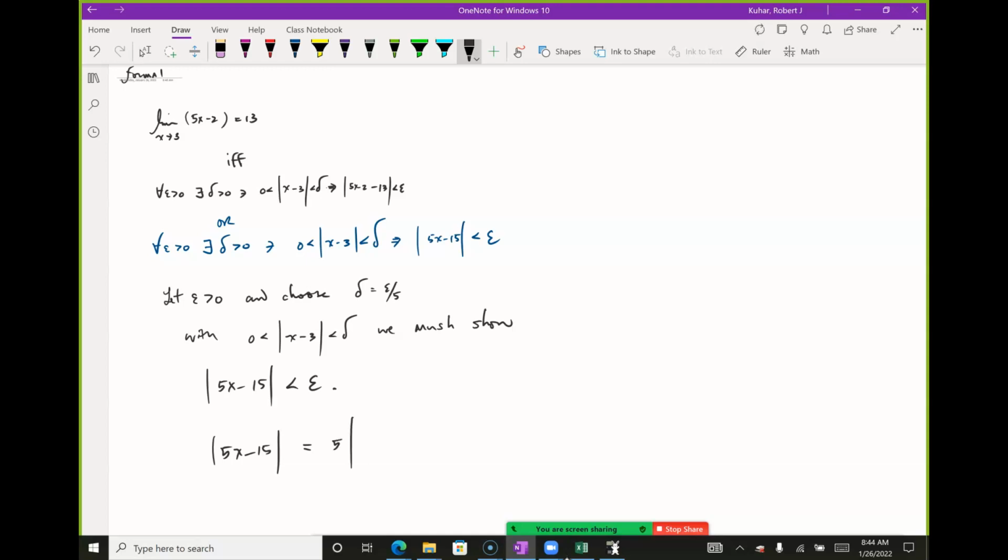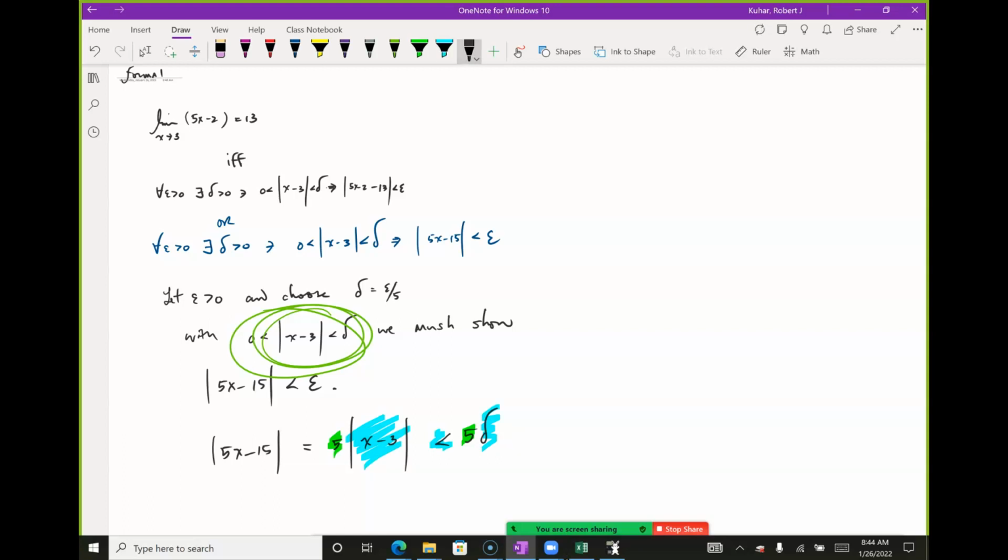So I can factor out the 5. That's already positive. I can just factor that out, and I get 5 times the absolute value of x minus 3. But I know something about the absolute value of x minus 3, don't I? It's got to be less than delta, right? The 5 is still the 5, right? This 5 is still this 5, but the absolute value of x minus 3 is less than delta.